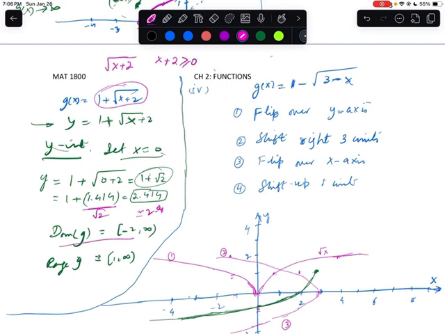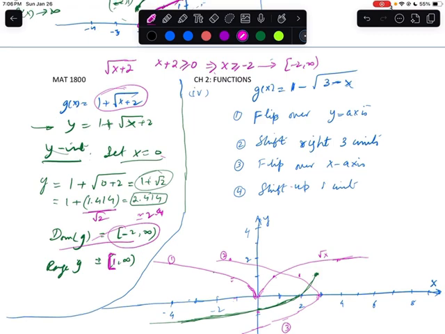In interval notation, this is -2 to infinity. So that is our domain. And for the range, this is a closed interval here, and the other one is an open interval. Okay, now we come to the last problem.